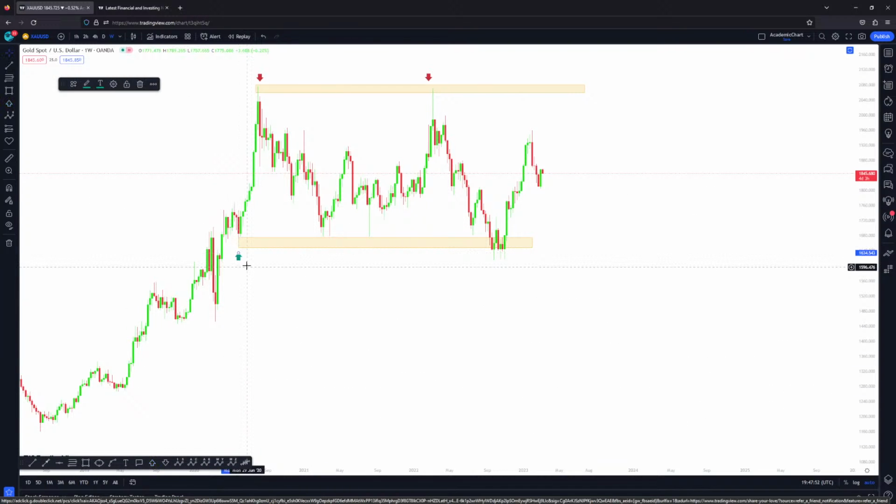Again, let me clarify: these support and resistance levels are not just a single point. I can remove this zone and just draw a horizontal line, and this is exactly a point, but this is not the reality. Support and resistance are not just a point or an exact price.